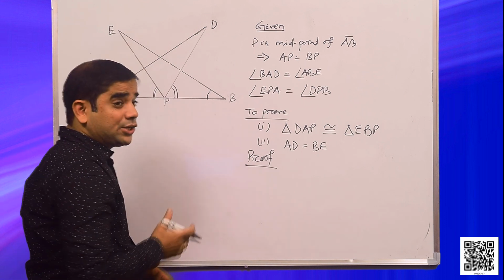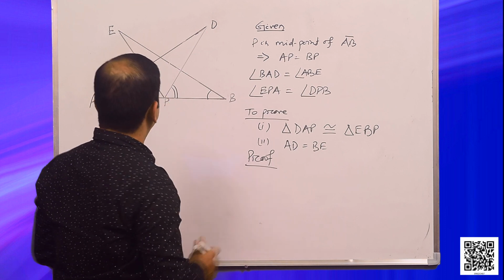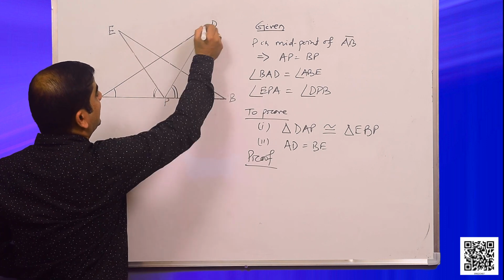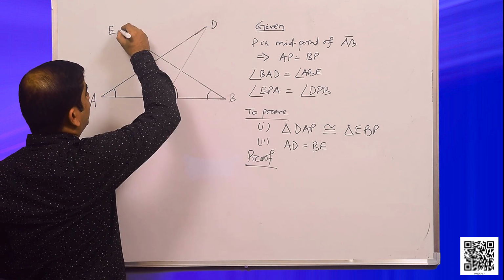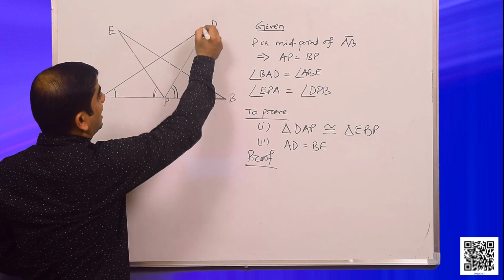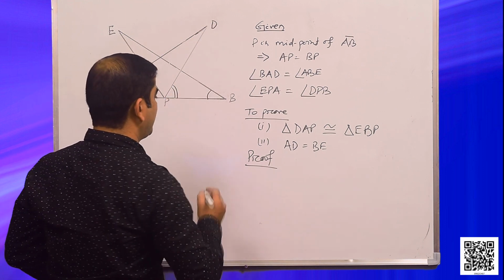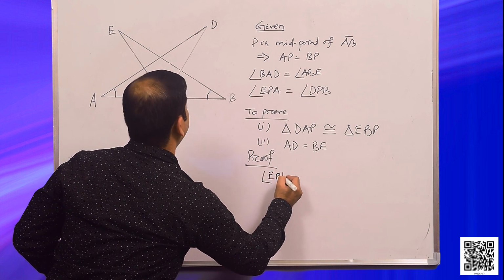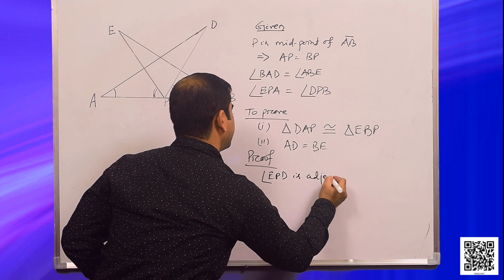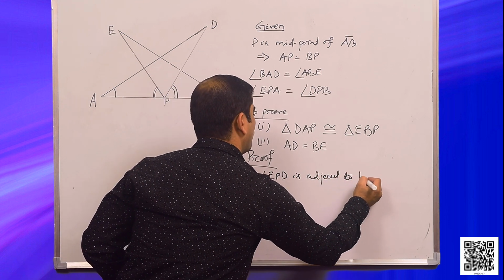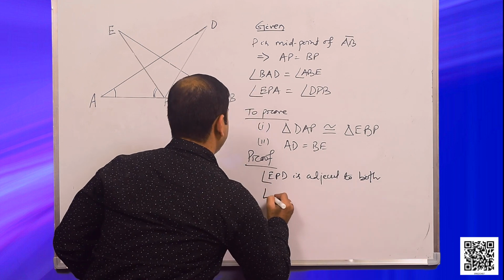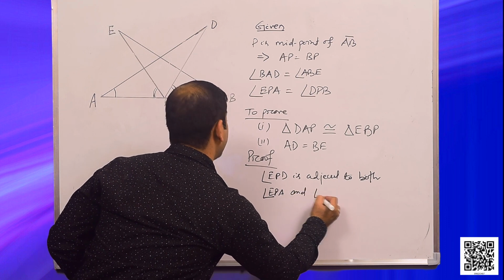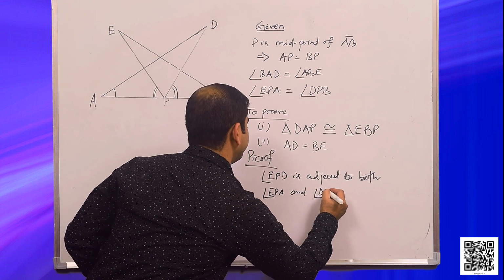As we have done in question number 6, we can see that angle EPD is adjacent to both angle EPA and angle DPB.